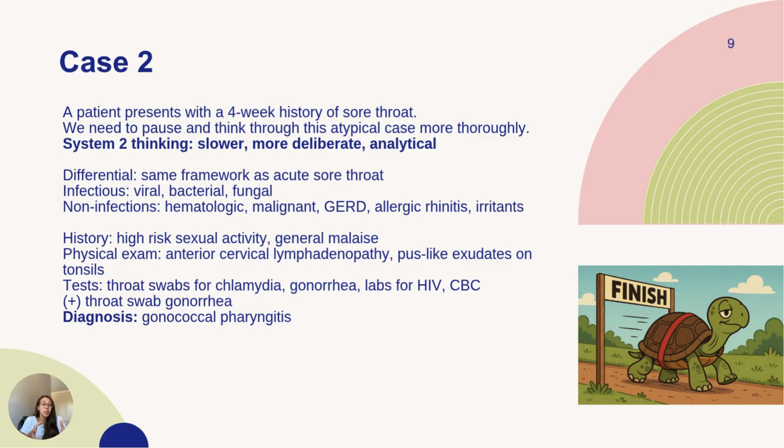So again, with this presentation, I had to slow it down and think through all the possibilities because chronic sore throat, maybe I'm less familiar with and I haven't seen as much. So again, we use what we individually need in the moment based off our comfort levels, our experience, and that person sitting in front of us.